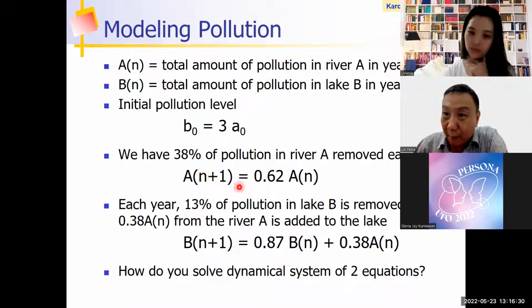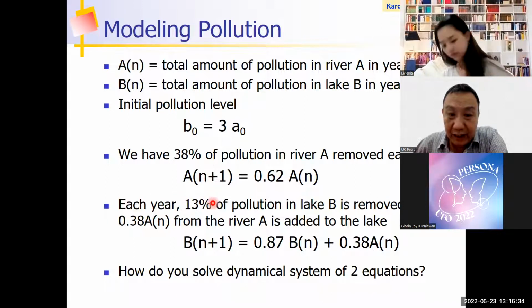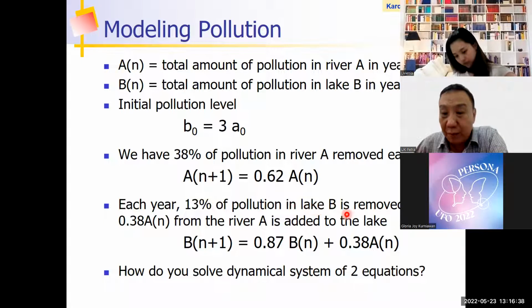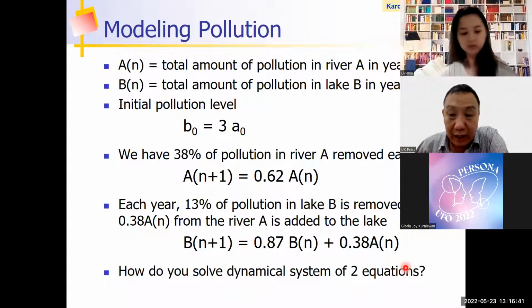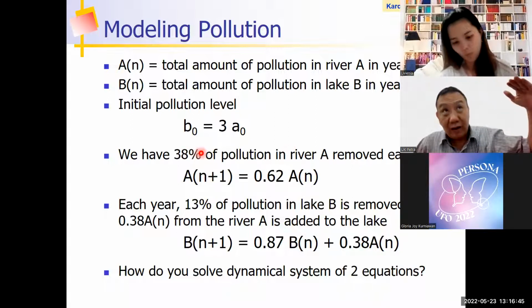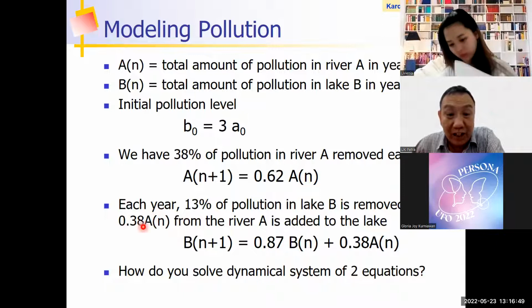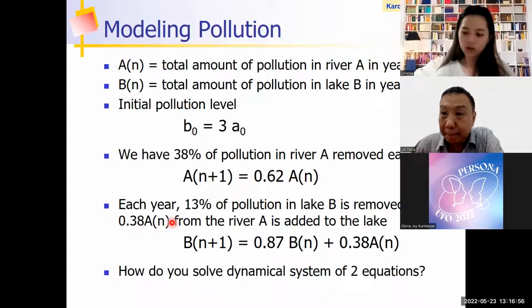And then we know also that each year 13% of the pollution in Lake B is removed, maybe going out of the lake, but because the river is coming into the lake, we have additional pollution from the river to the lake, which is also 38% here.